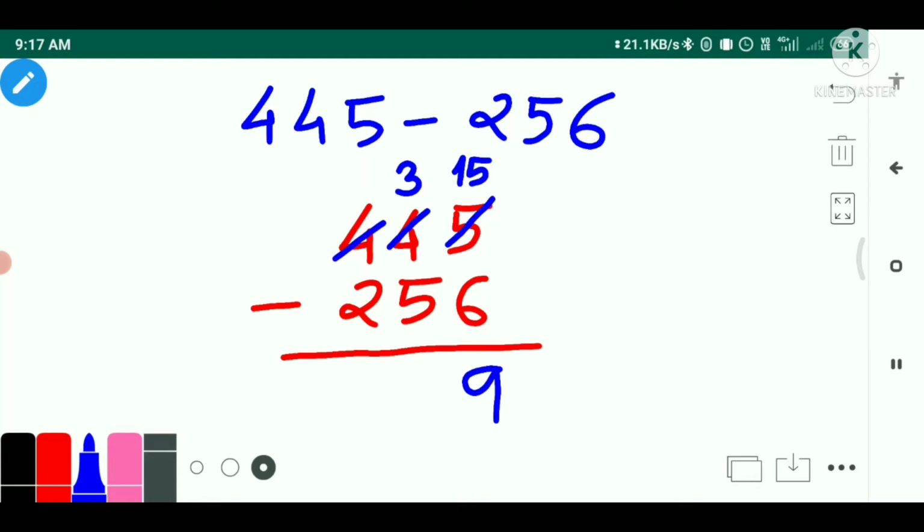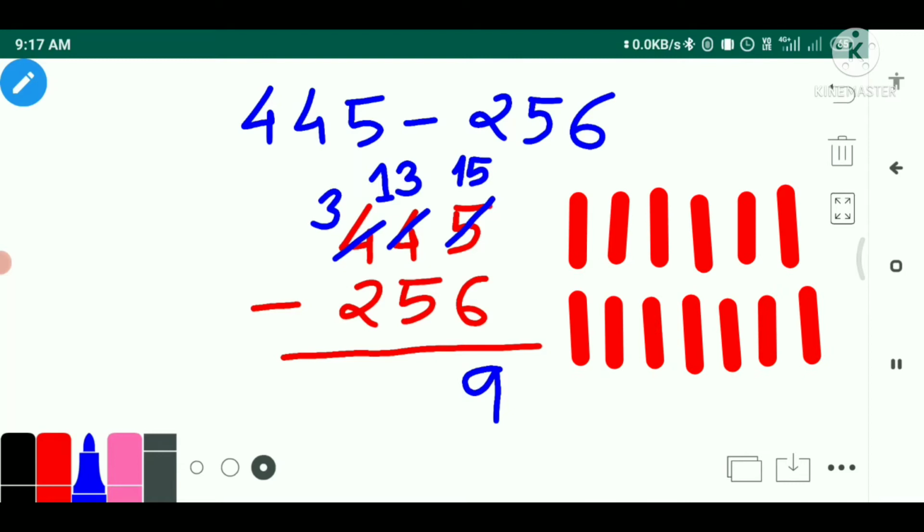Now this 100 place value will reduce by 1 and it will become 3. Now that number, when it reaches the tens place, it will become 10. Now 3 is already there. So if I add 10 more, it will become how much? 13, right? Okay, now just imagine 13 lines and now just cut 5 of them. Your answer will be what?